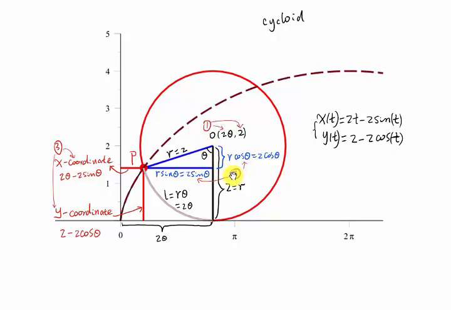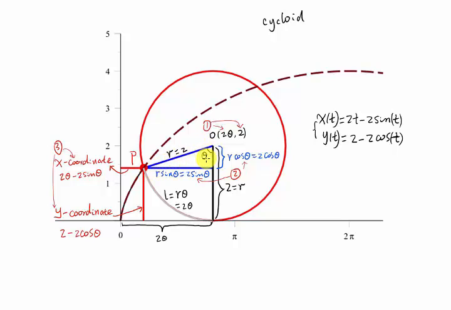Now, step 2 is to figure out the blue part. How long is this part, and how long is this leg in this right triangle? Now, the radius is always 2.